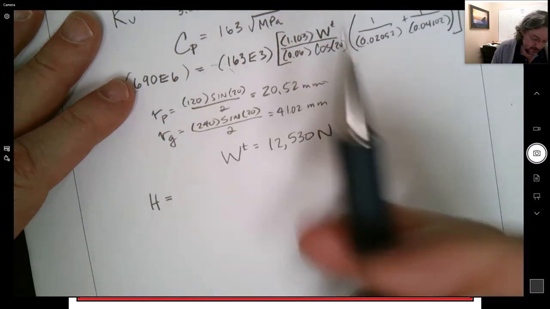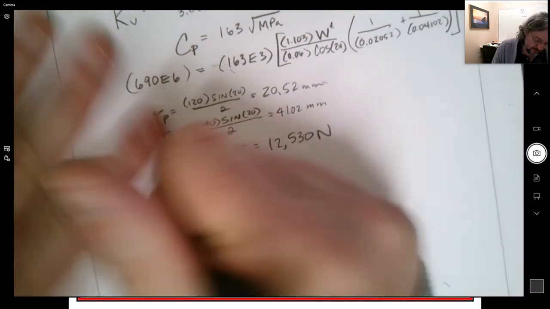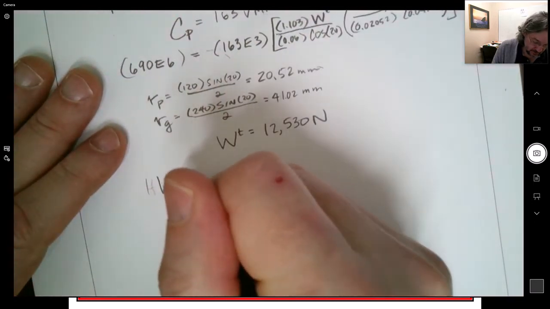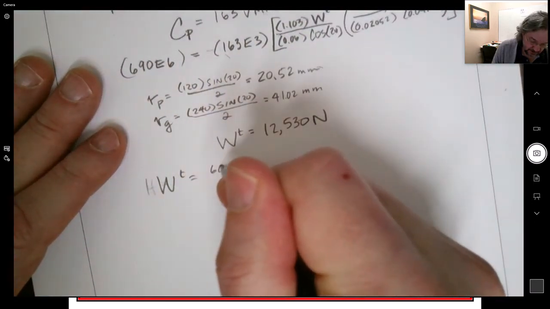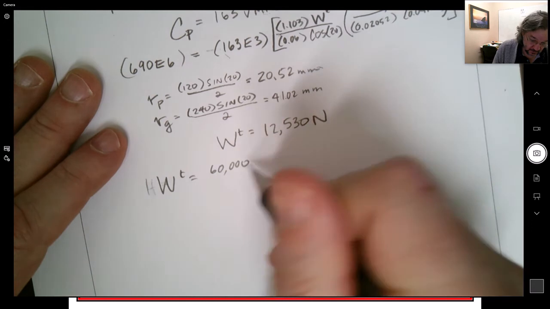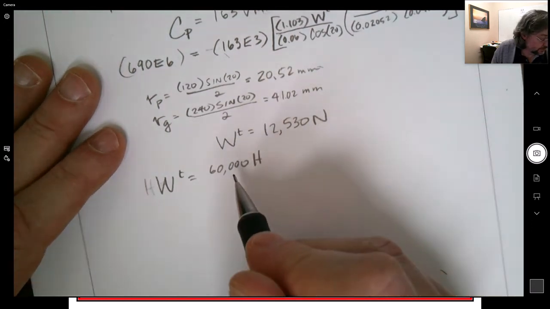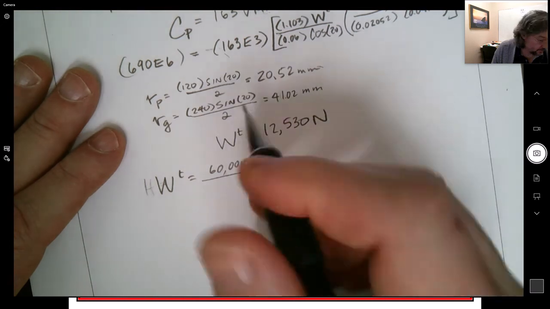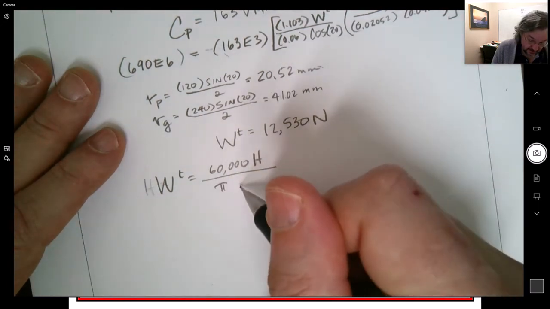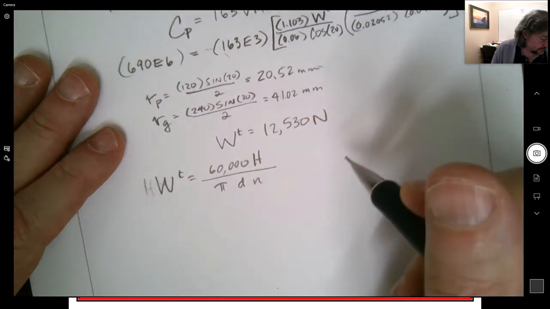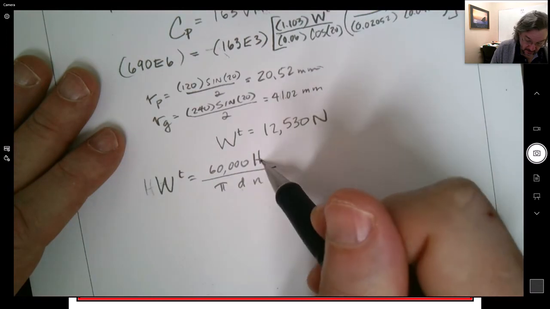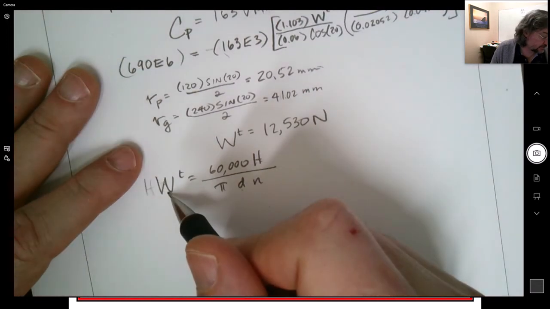Let me just write down what that equation was. Power equals Wt times pi d n over 60,000. That's in millimeters, that's kilowatts, that's kilonewtons right here.